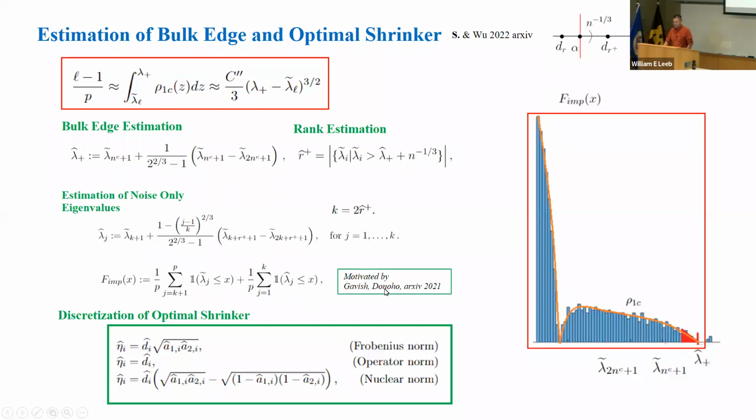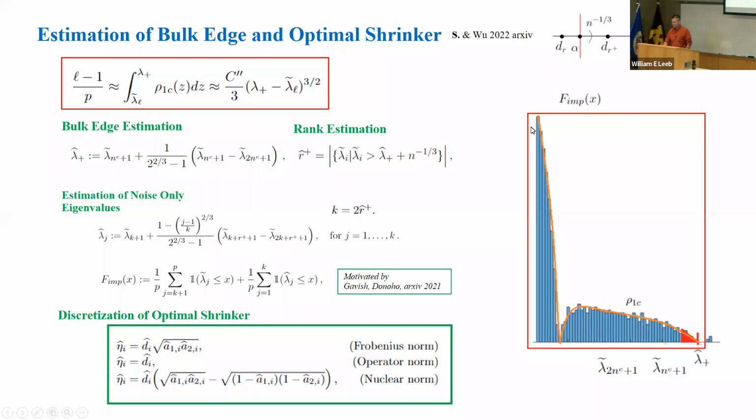The original idea is again motivated by Gavish and Donoho, in their paper about the hard thresholding method in 2021. So we use this kind of method to replace the top singular eigenvalues with our estimators, hat lambda plus and hat lambda j, to recover a distribution that is very close to the original distribution of the noise-only data matrix.